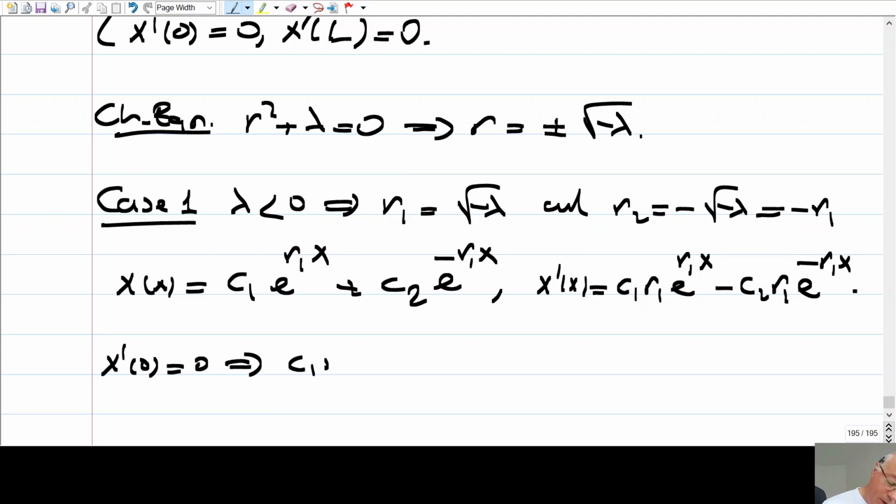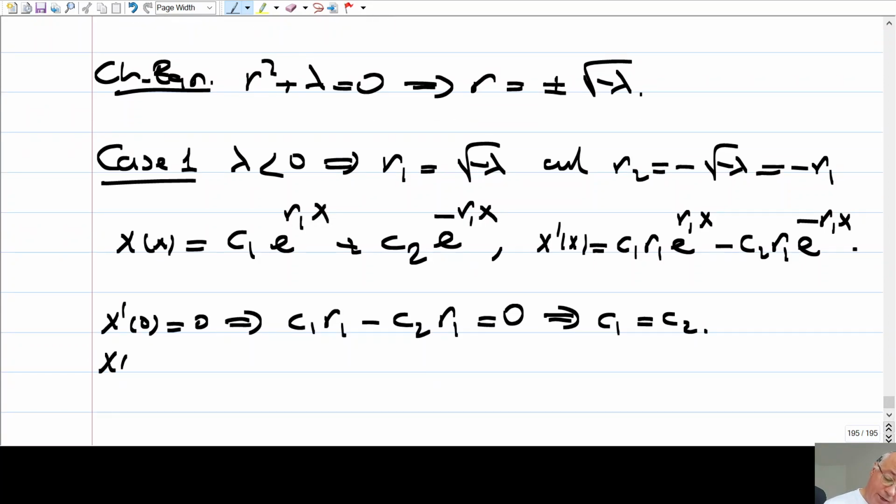So C1 R1 minus C2 R1 has to be 0. From this, R1 is of course not 0 because lambda is a negative number. So R1 is a positive number. Therefore, C1 has to be C2. So X of x is just C1 times e to the power R1 x plus e to the power minus R1 x, because C1 and C2 are the same.